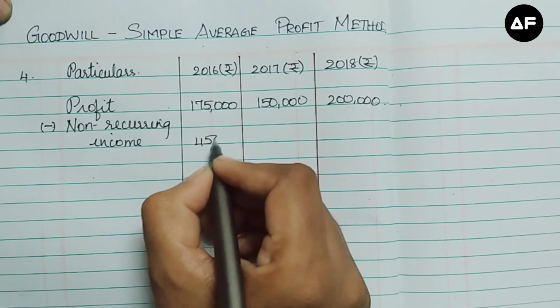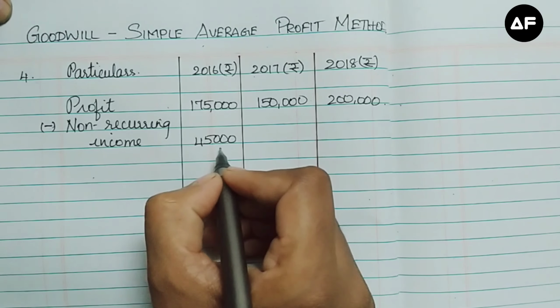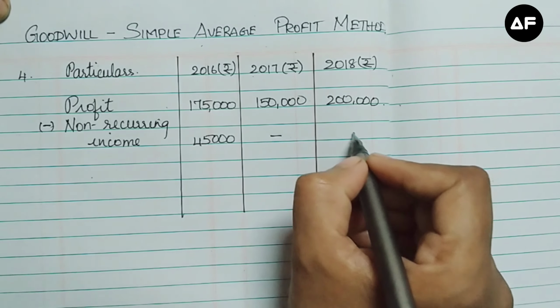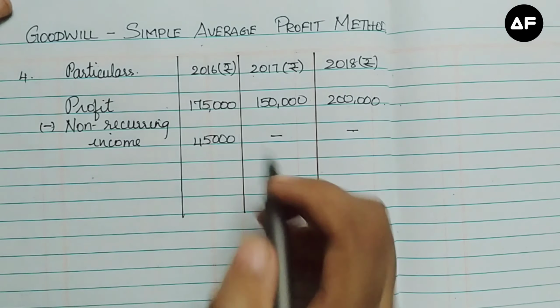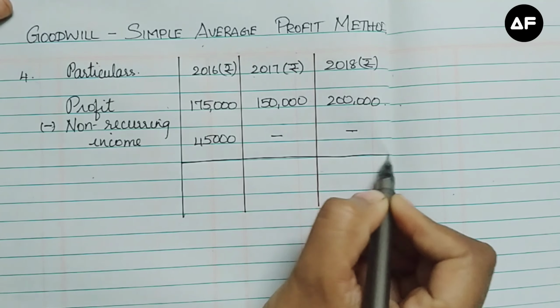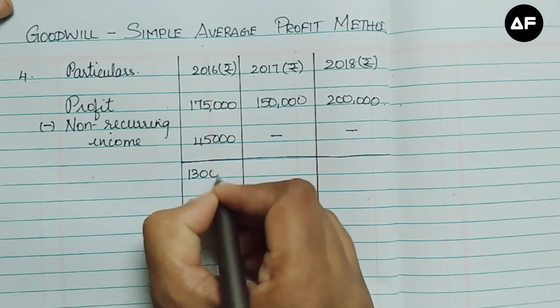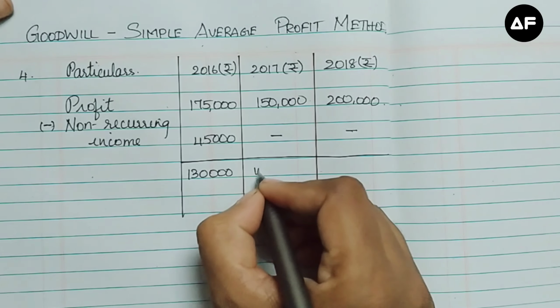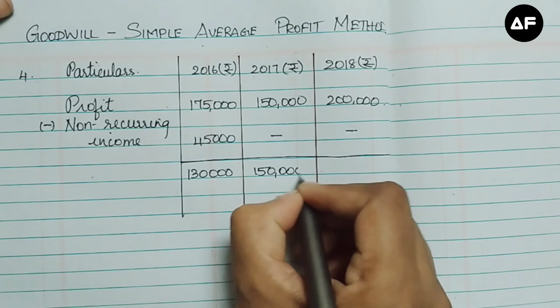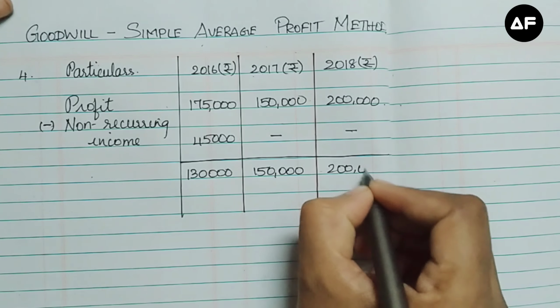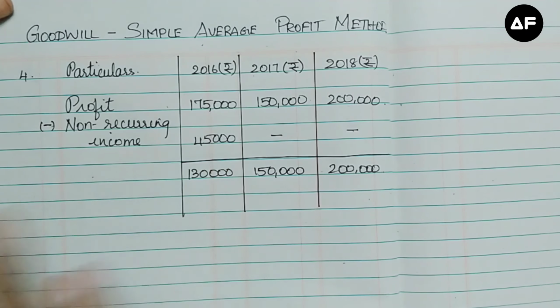So 45,000 has to be subtracted from 2016, whereas 2017 and 18 don't have a non-recurring income. When we subtract the 45,000 from 1,75,000, I will get 1,30,000. Bring down the other 2 years' profit also. So point B is over.